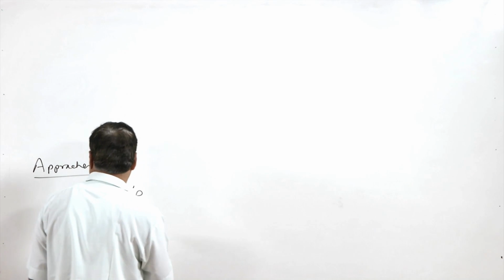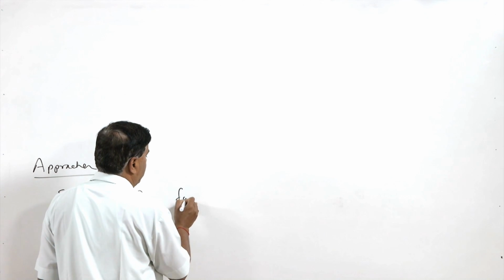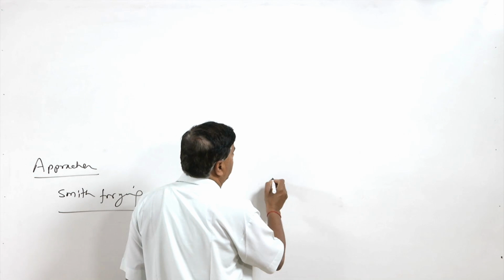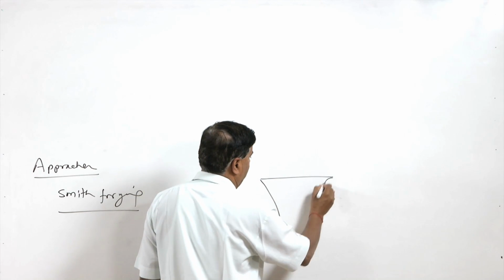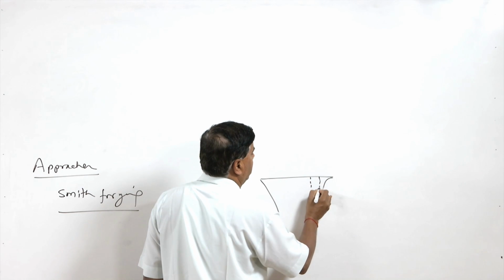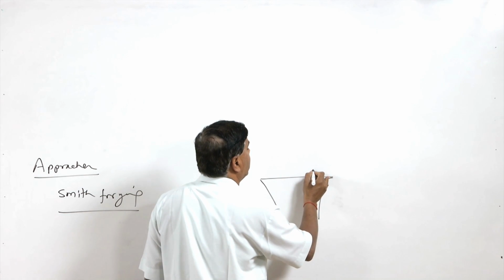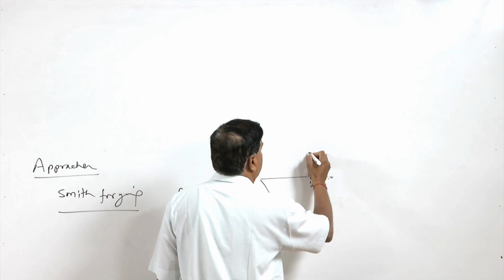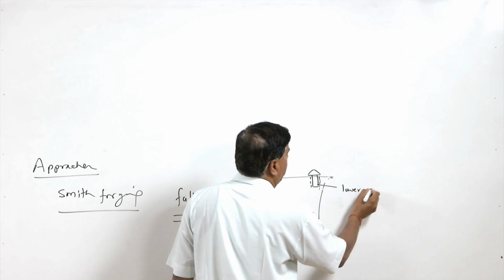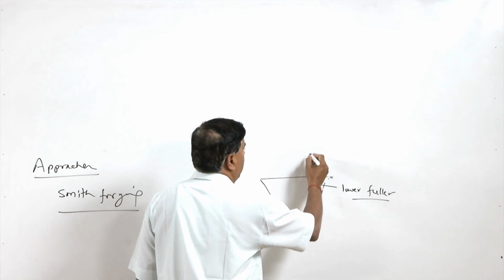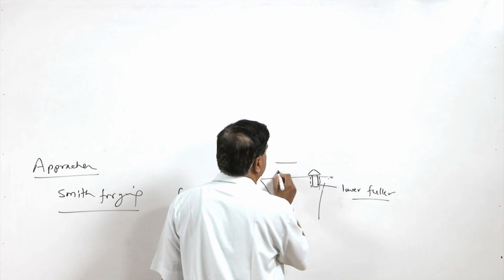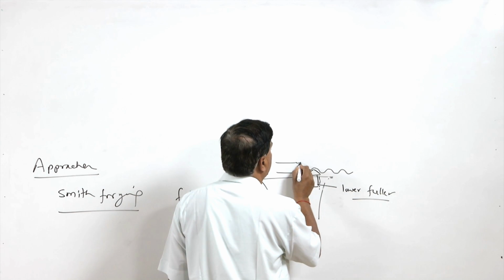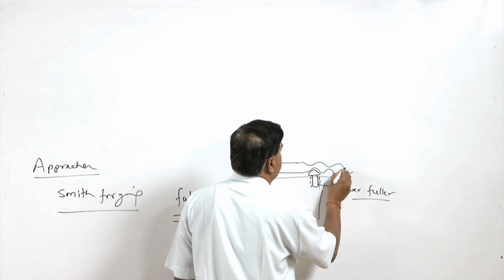So, one typical process which is called fullering in Smith forging process, wherein over the anvil, say this is the anvil having the hole in which the fuller is placed like this, over the anvil, and so this is the lower fuller, and over this, like this.